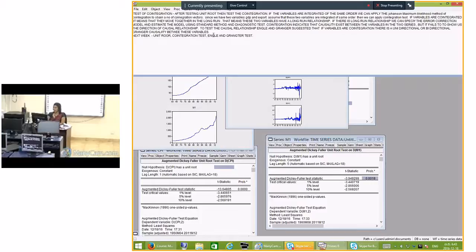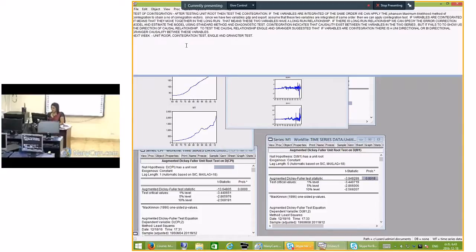Right, in time series analysis, it is the first initial step of data analysis. After that initial step, we move to the next step, which is co-integration and the Engle Granger test.